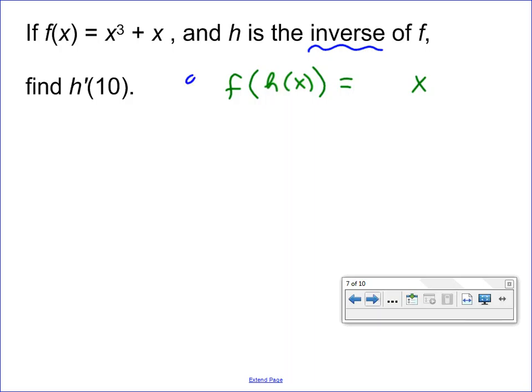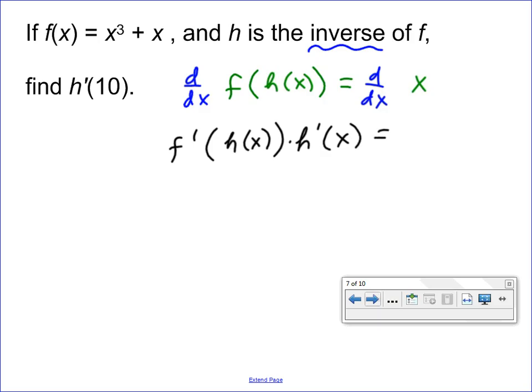This means that if I were to differentiate both sides, as we just did, the left side by chain rule differentiation would produce f prime of h of x times the derivative of the inner function, h prime of x, equals the derivative of the right-hand side. The derivative of x with respect to x is 1.